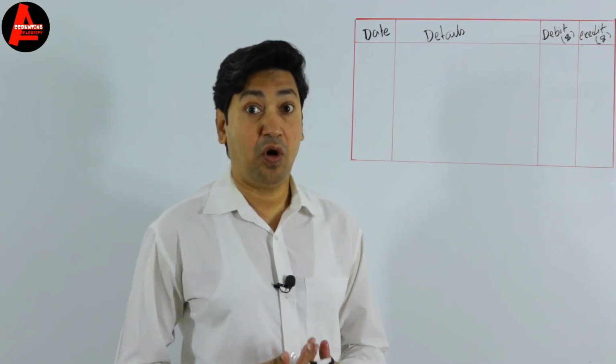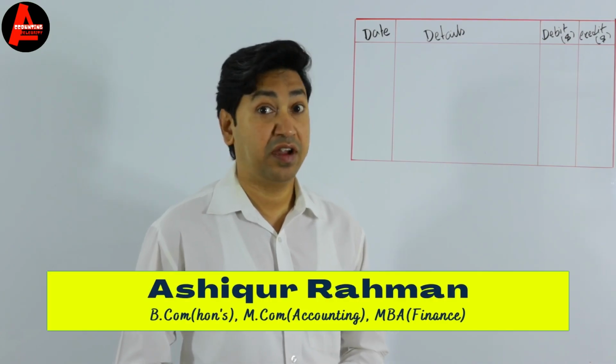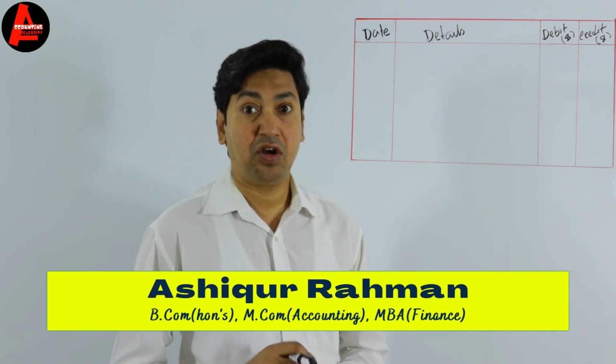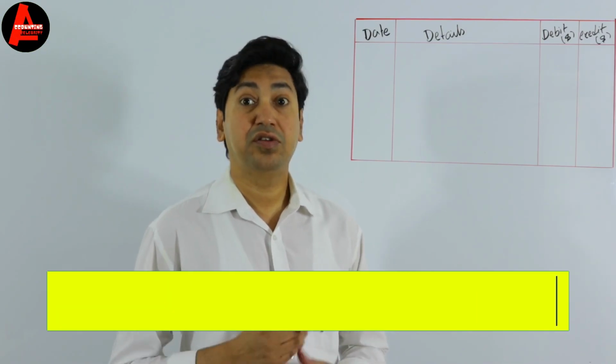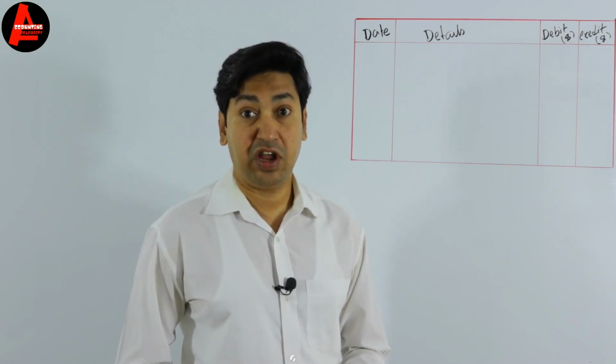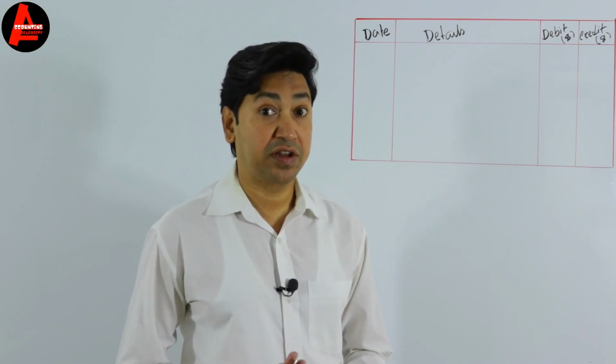LW owed us $600, so now we will not get this amount. So this is a bad debt or irrecoverable debt. For this type of transaction we need to make a journal entry. As it is a loss or expense, this amount will go to the income statement.